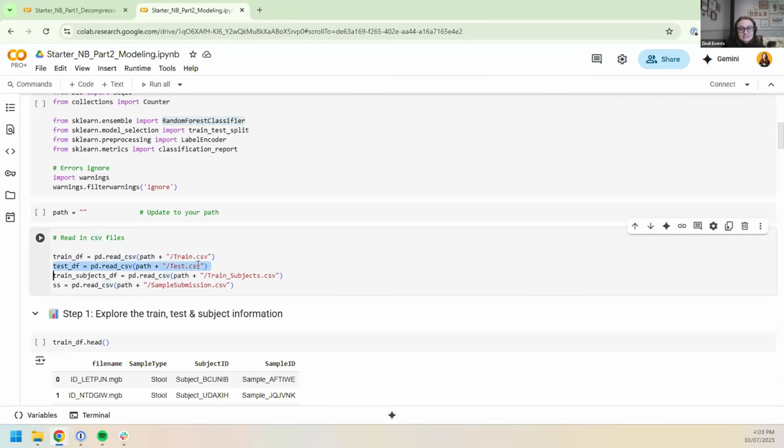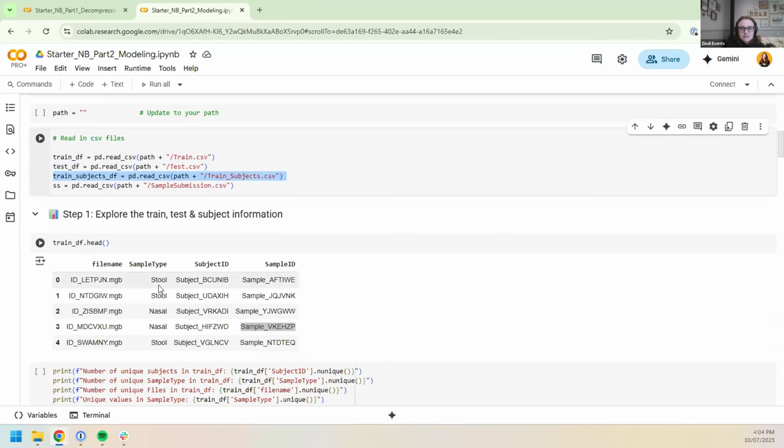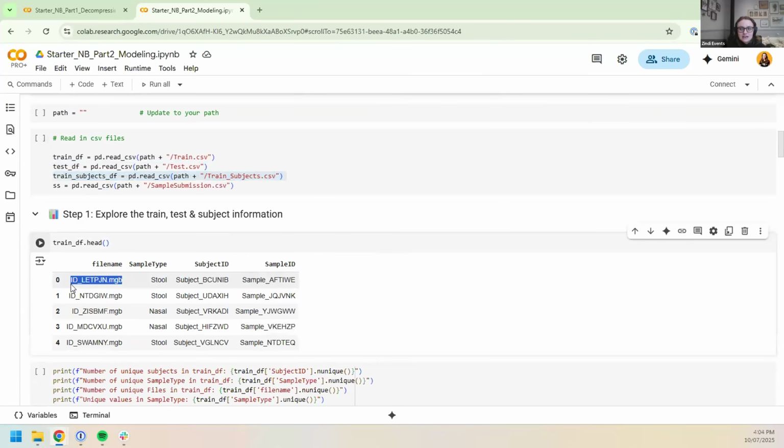I've given you a train, a test, and a train subjects file. So in our train file, we've just got our file name, so ID LETP. It's a stool sample. It's from subject B. And then, just as a side note, it's from sample A. So when we look at cytokine data, you'll see that sample A has a stool, a nasal, a skin, and an oral counterpart with it.